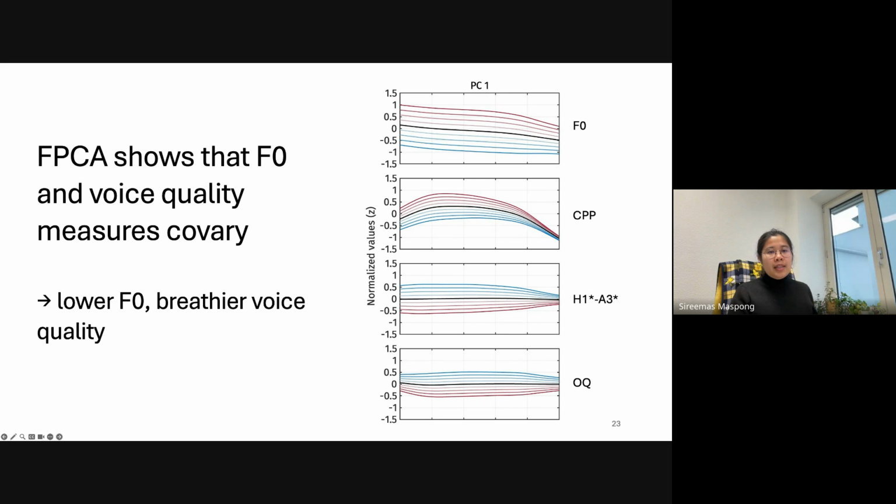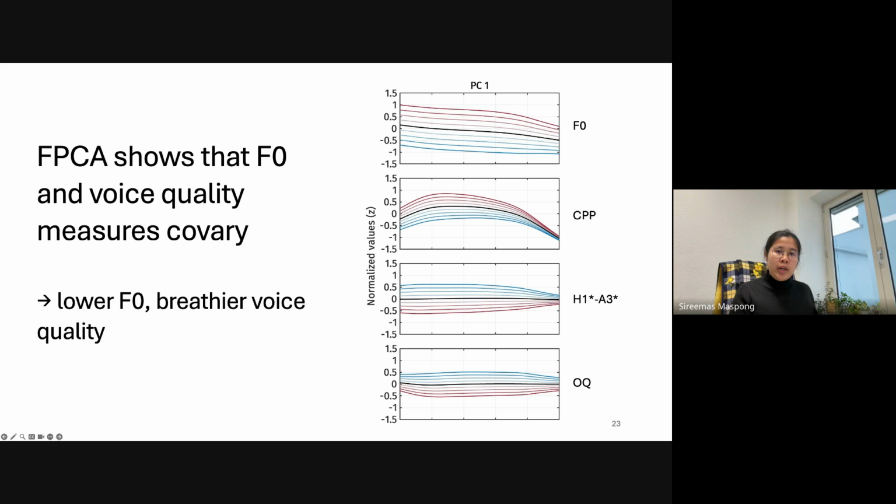We found these are the variations of the trajectories. If we have higher F0 than the mean, we will also have higher CPP, lower H1 minus A3, and lower open quotient, which correspond nicely to high register. It's also true the other way around.